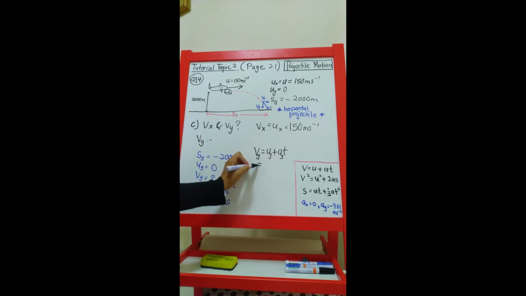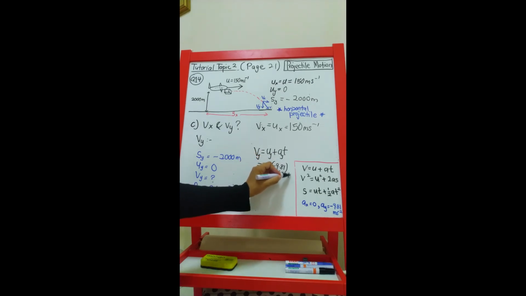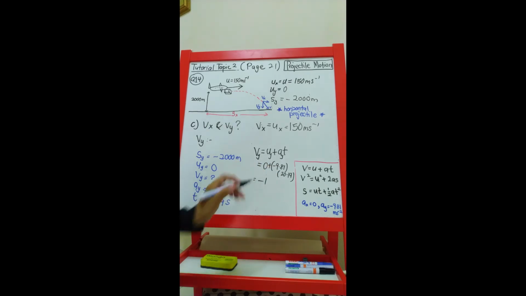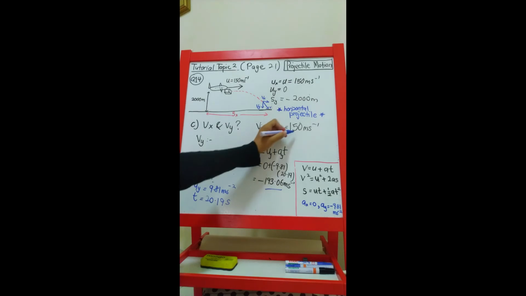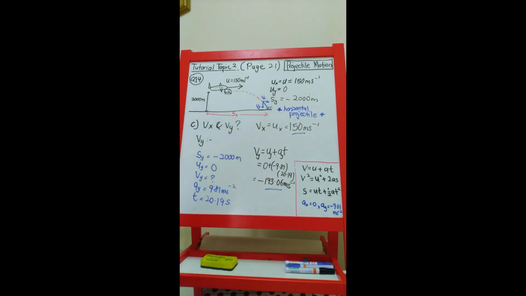So substitute uy equals 0, ay, and then 20.19. So the answer is 193.06 meters per second. Okay, so that's the answer for this part, vx and vy.